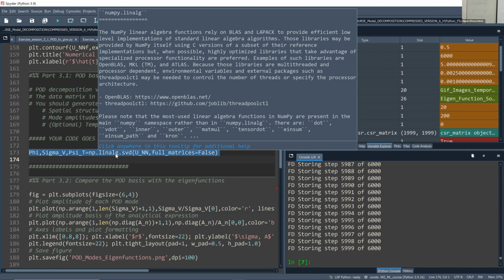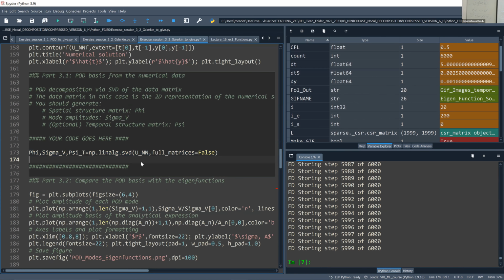Is your line complete or do you have to fill it? Line 173 is where we are going to compute the phi, the sigma, and the psi. It's filled. That's the SVD, or the POD if you want.